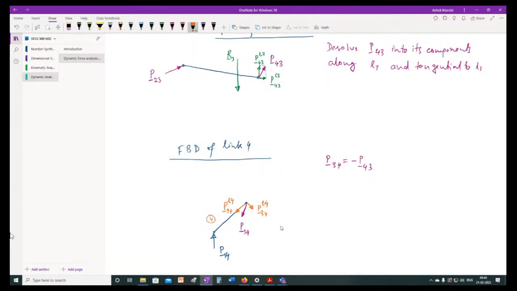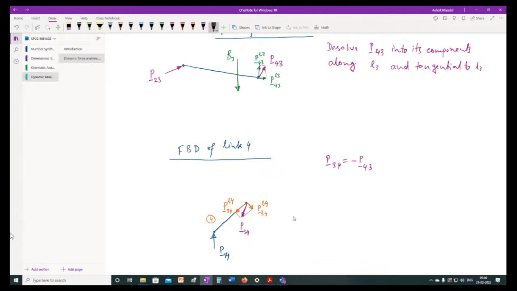This is our link 4. Okay, how to get this component, just draw first you draw a line which is perpendicular to L4, and then draw this line again. This line is perpendicular to this line, so you'll get this component. Okay, for drawing.